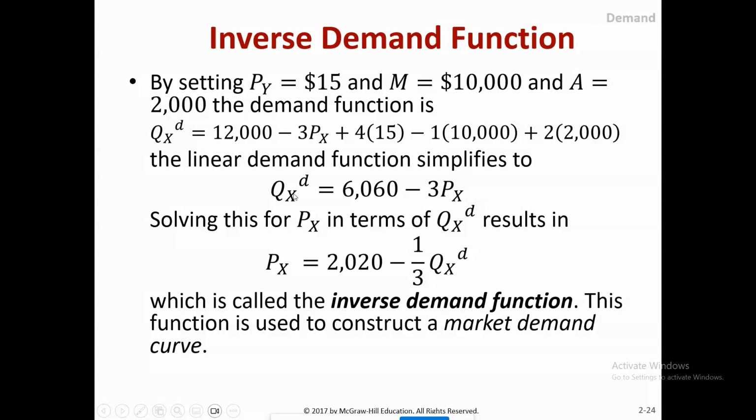Now we want to rewrite this equation by moving the price of X to the left-hand side and quantity demanded of X to the right-hand side, and normalize to leave price of X on the left-hand side by itself.